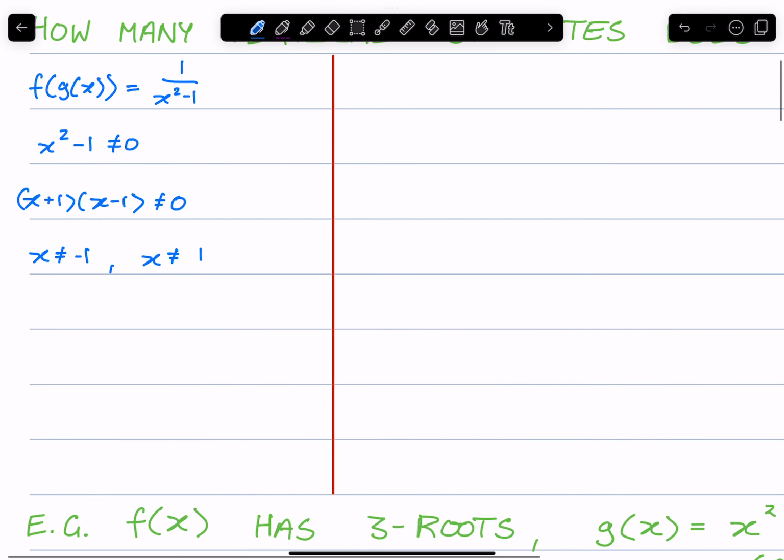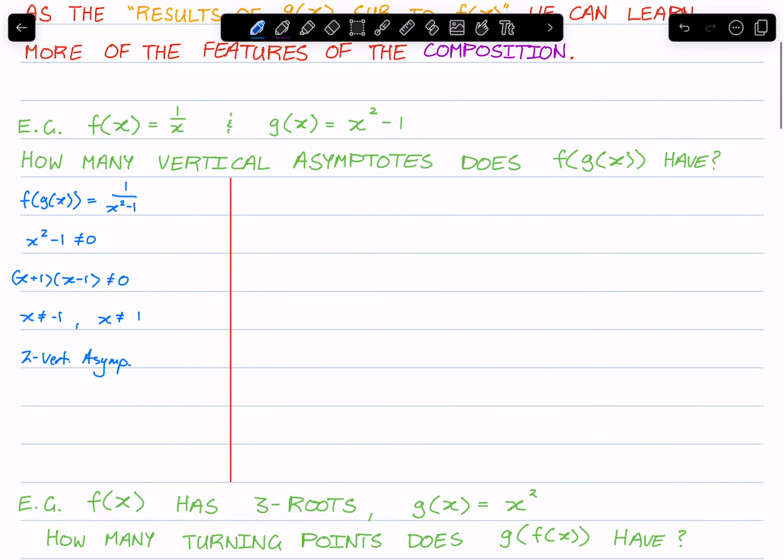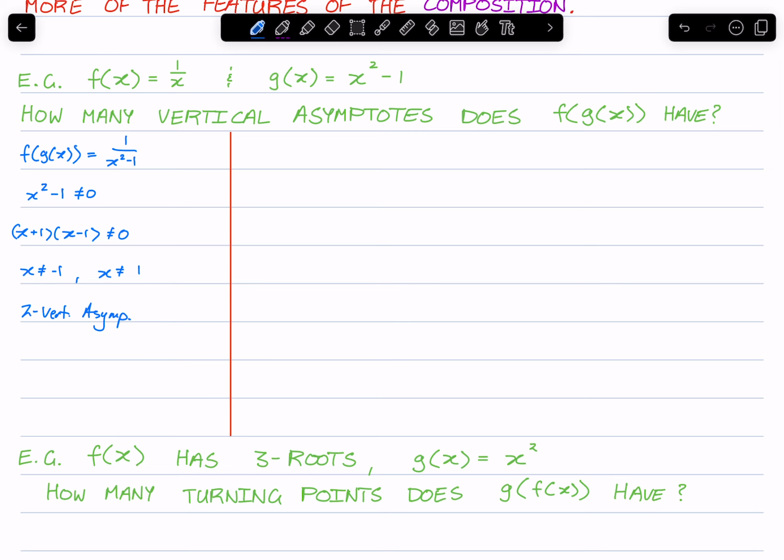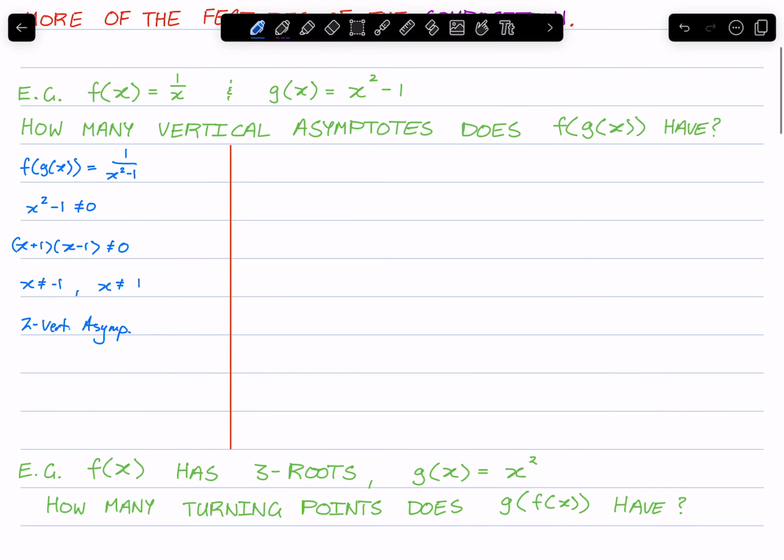And from what we know with hyperbola, these also match as the vertical asymptotes. Okay, so there would be 2 vertical asymptotes.